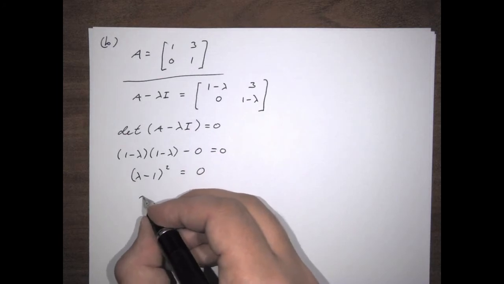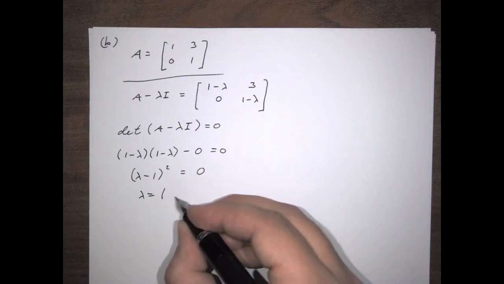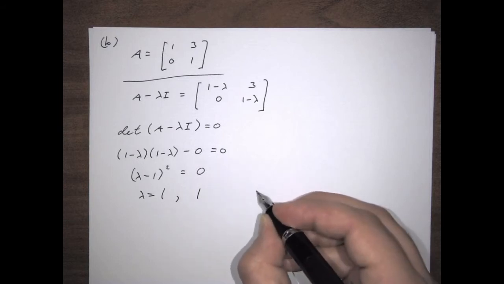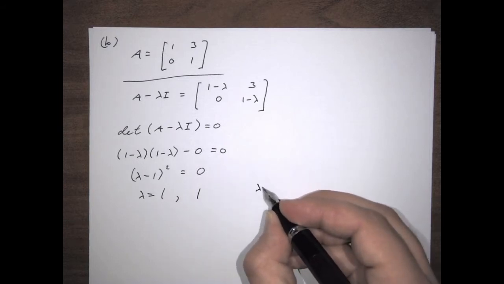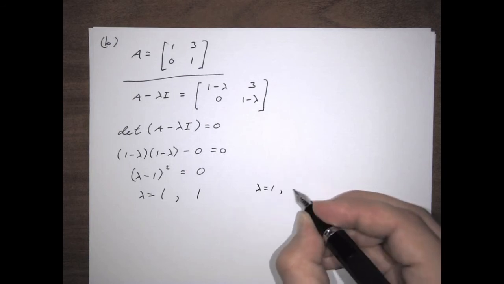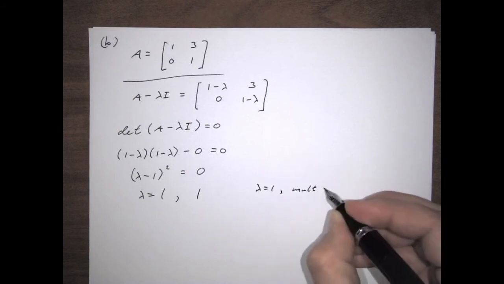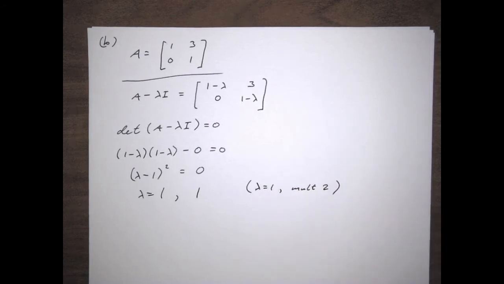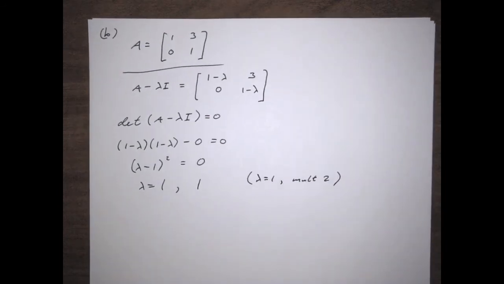And then this means that lambda equals 1 and 1. Another way of putting this is lambda equals 1 multiplicity 2. So it's a repeated eigenvalue of 1.